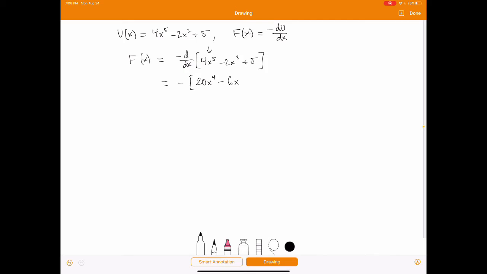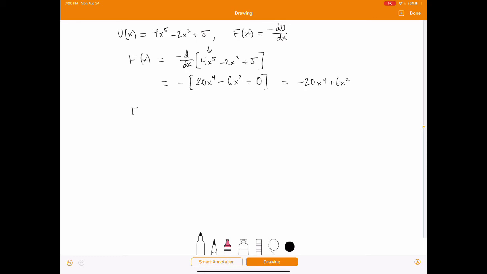And then the power gets reduced by 1, so we go from x to the 3rd to x to the 2. And then finally, the last term is just a constant. So if we take the derivative of just the number 5 with respect to x, we're going to get 0. So therefore, what we have is minus 20x to the 4th plus 6x squared.